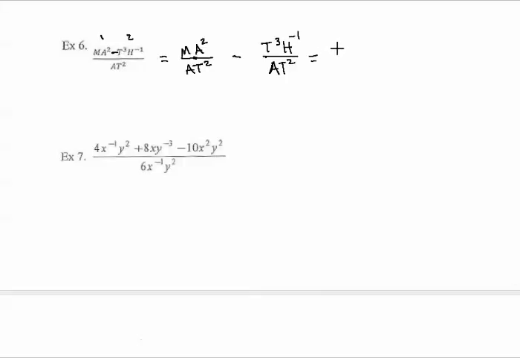Alright, the first one, the only thing common to top and the bottom is an a. So the m and the t are just going to go along for the ride. Okay, we don't have a problem with the m or the t because you see they're positive exponents. For the a, on the other hand, which one has the bigger exponent?